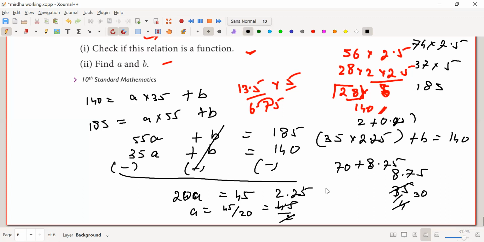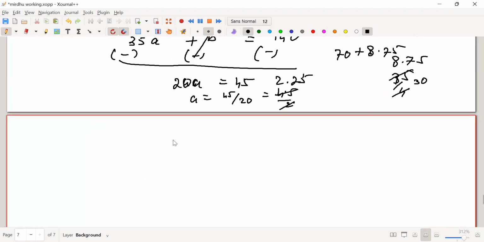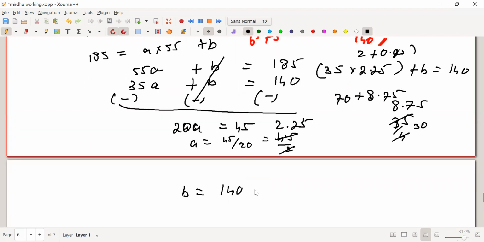Then if I take the 78.75 here, it becomes b equals 140 minus 78.75.